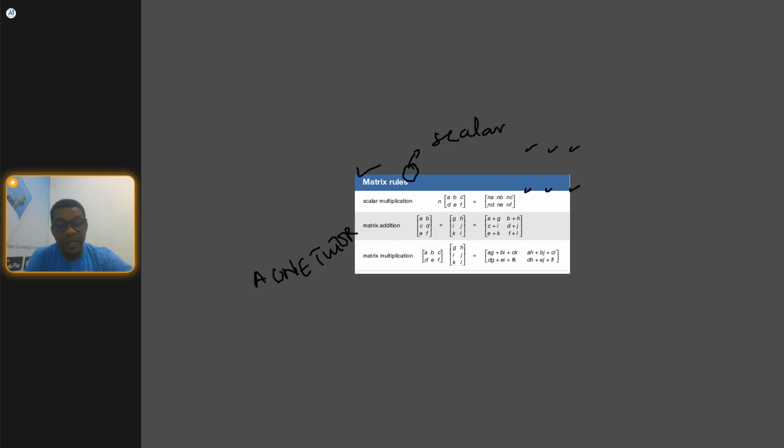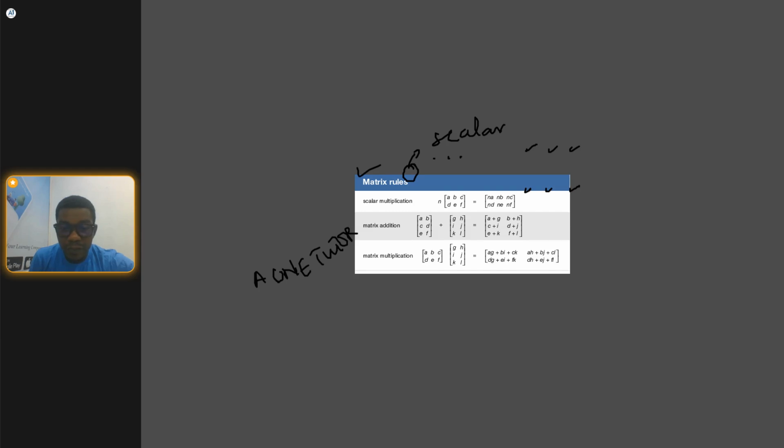What is an element? An element is each of the values you have in the matrix. So A is an element, B is an element, C is an element, D is an element, E is an element. You multiply all of the elements by the letter n, and n signifies the scalar value.